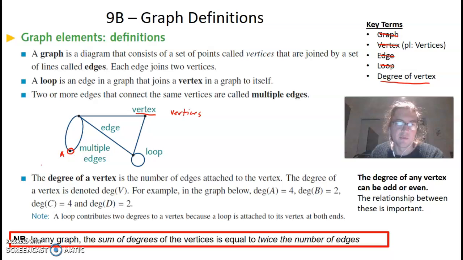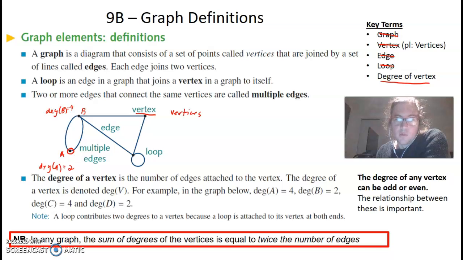If we call that A, the degree of A, deg A, is 2, because there are two edges that connect to A. If we call this B, the degree of B, deg B, would be 4, because there's 1, 2, 3, 4 edges that are connected to that vertex, pardon me.